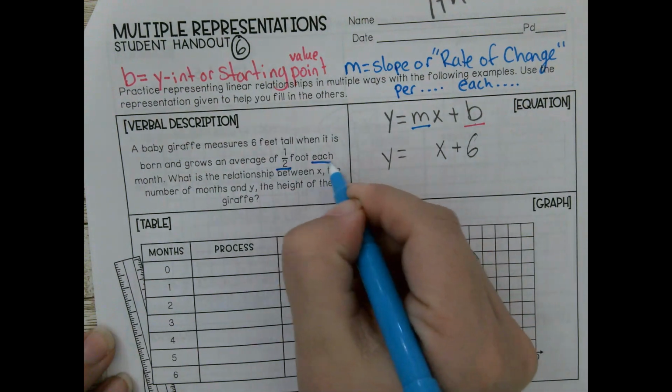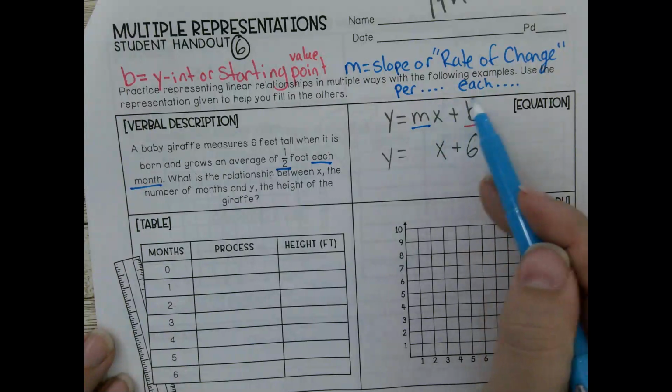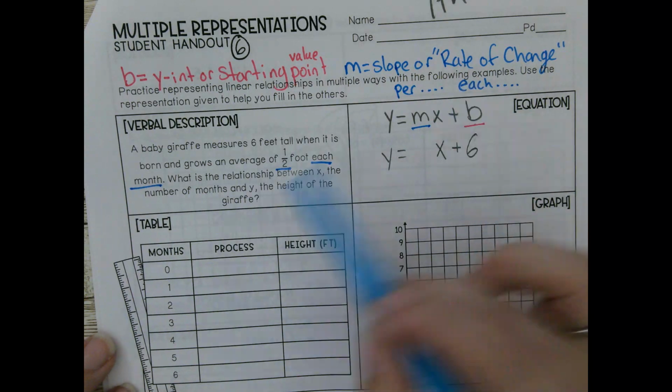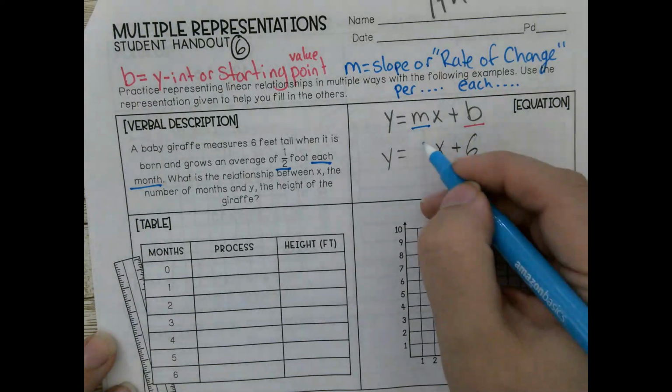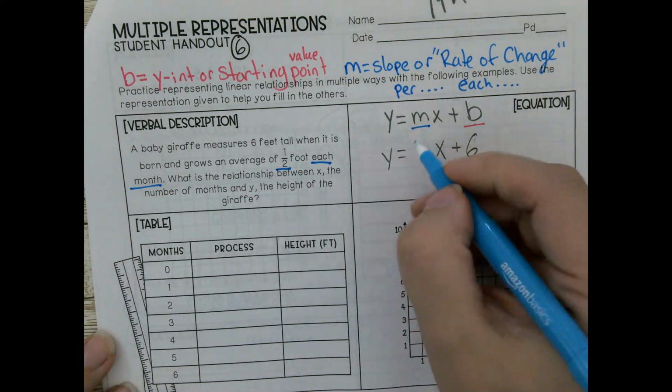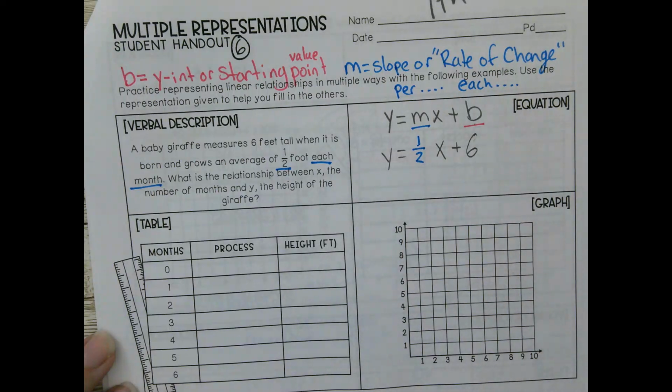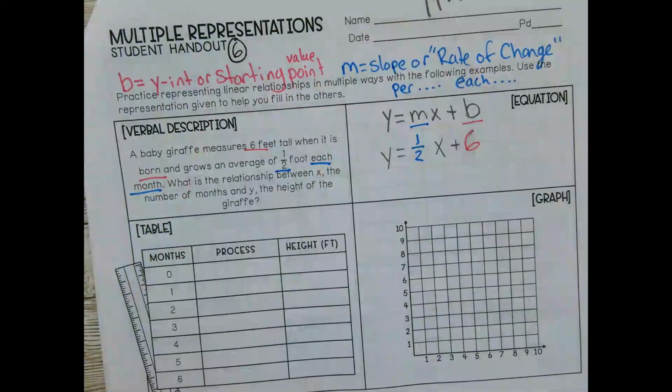Half a foot each month. What did I tell you to look for? Each. So that's going to be our multiplying. That's going to go right in here.